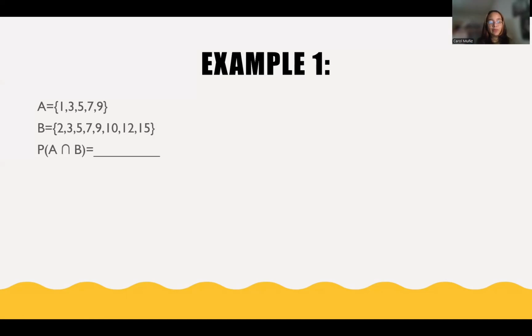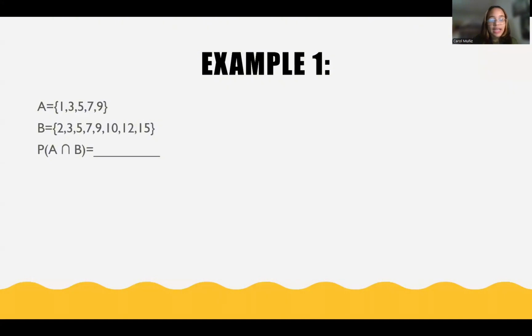Let's start by picking up where we left off in the first part by doing an example of joint probability. This example is a little bit different because here we're using set notation, and what we have to find is the joint probability of both set A and B. That means we have to find the numbers that are shared amongst both sets.